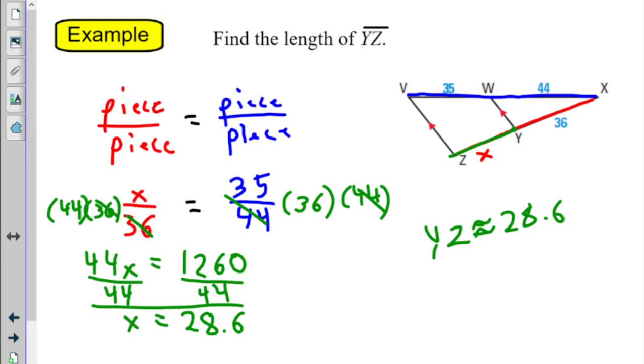So for example, I could choose to go 36 over X. But if I do 36 over X, since I put 36 on top, now I want to put the 44 on top. Keep it consistent. And that would still get the same answer.